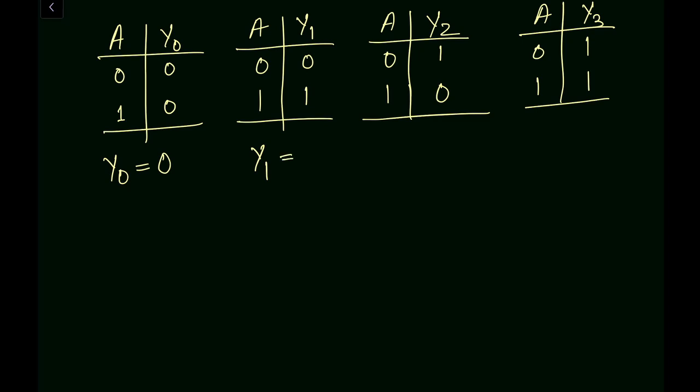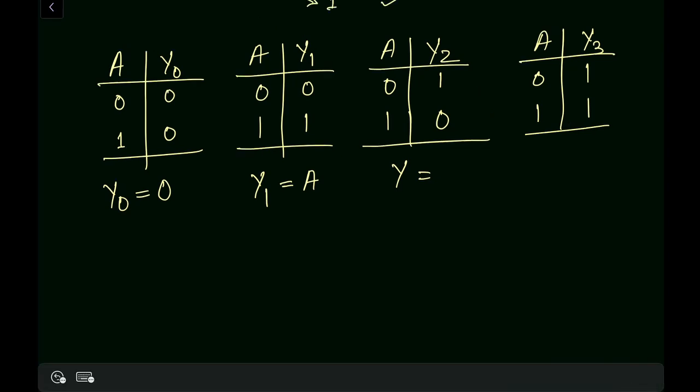So we can write y1 equal to A. Similarly, for y2 we can see that when A equal to 0, output equal to 1, and when input equal to 1, output is 0. So this output is the opposite of the input.